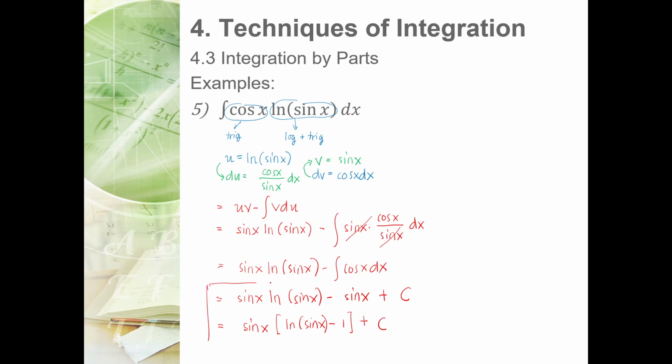So pitira na ang duha answer ni. Okay, so questions for number 5.